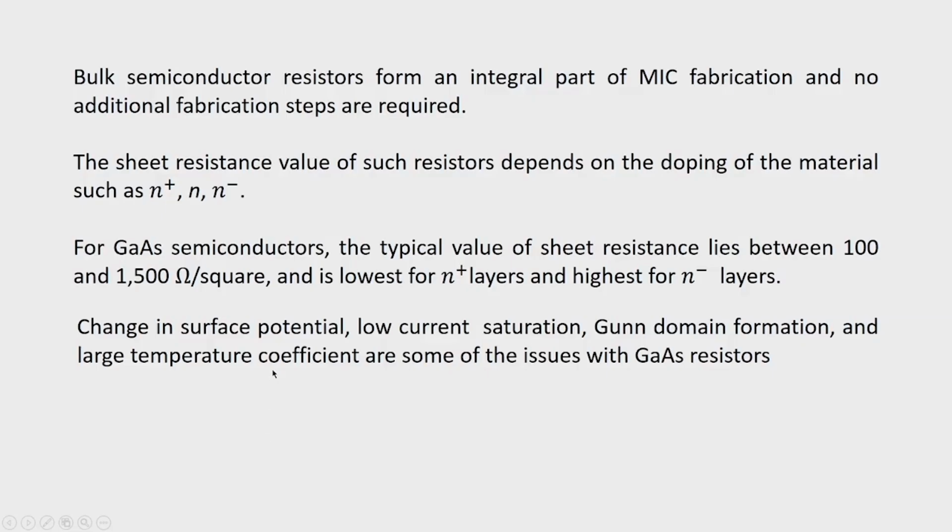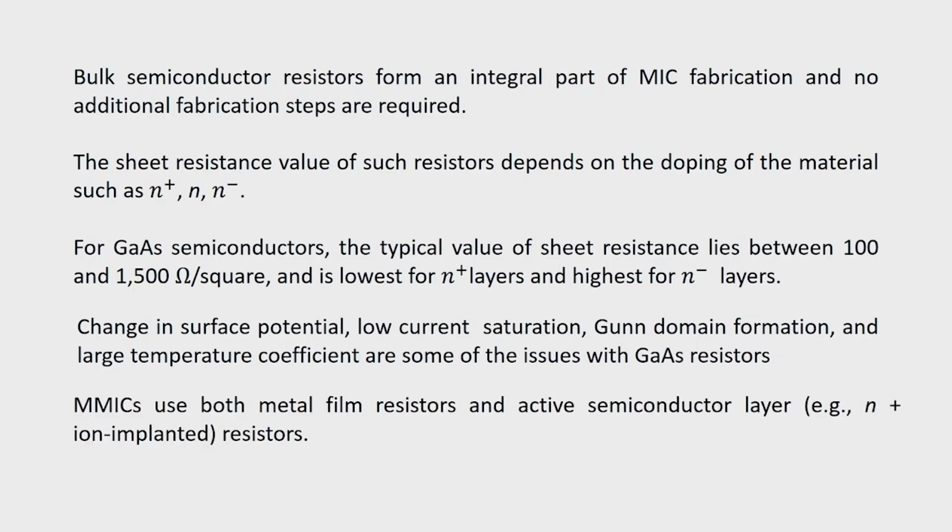So, in gallium arsenide the saturation level of the current is low, and also if the voltage becomes very high, we know that Gunn diode formation can take place. Temperature coefficient is higher in gallium arsenide.